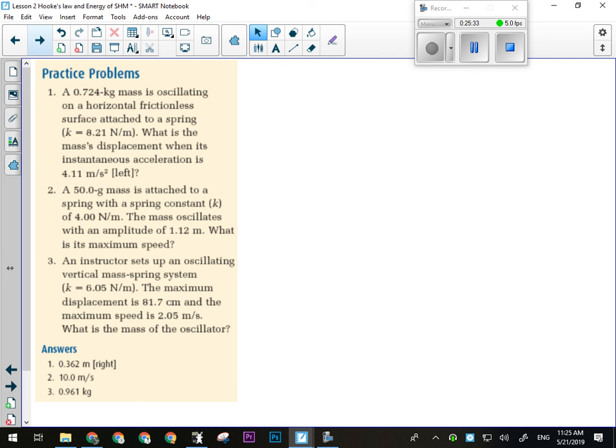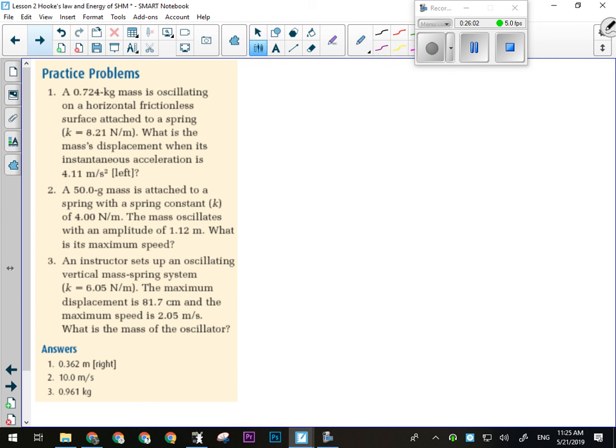Let's have a look at number one because we haven't done one like that. We might run out of time, but we'll give it a try. We have a 0.724 kilogram mass oscillating on a horizontal frictionless surface attached to a spring whose spring constant we know. They're asking us what the displacement is when the acceleration is this. If it's a horizontal spring, the only force acting is the spring, so that makes the spring the F net.